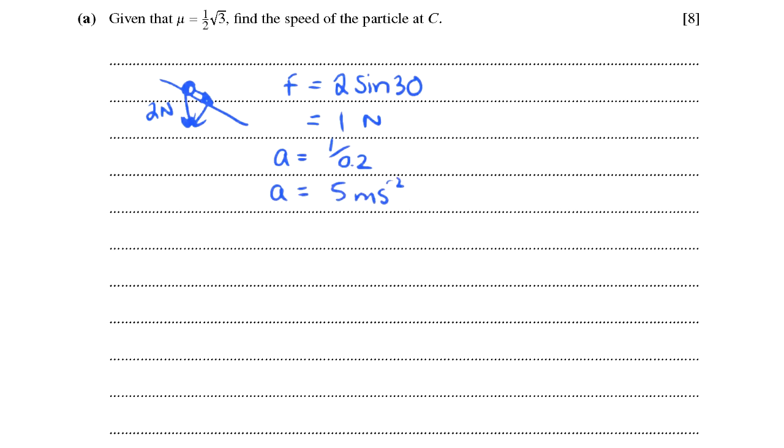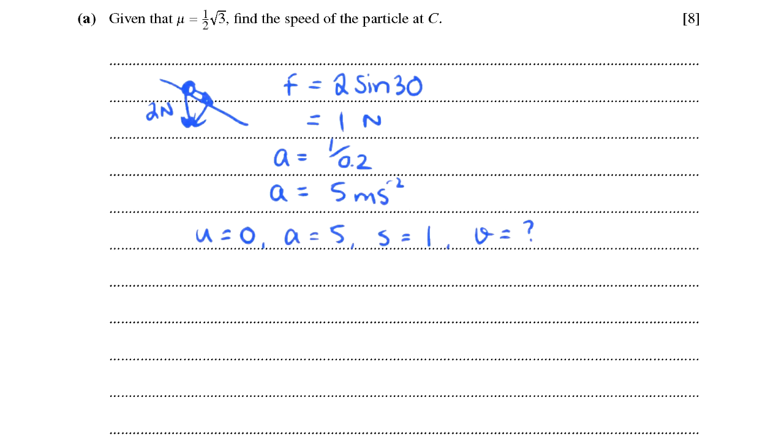Okay, it's going to be a constant acceleration because the force is constant, and we can then use constant acceleration formulas. What we know is it started at rest, so the initial velocity is 0, the acceleration is 5, the distance it travels is 1 meter, and we would like to know what its final velocity is, because that's going to be the initial velocity of the second stage.